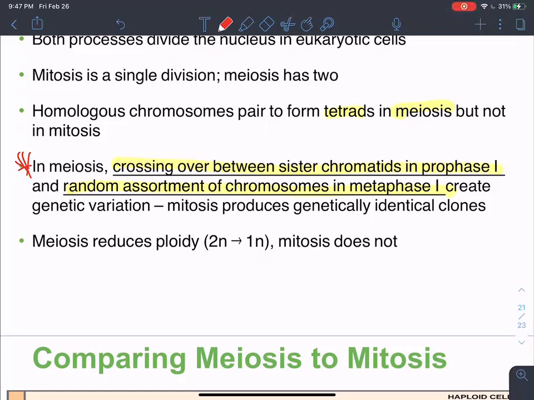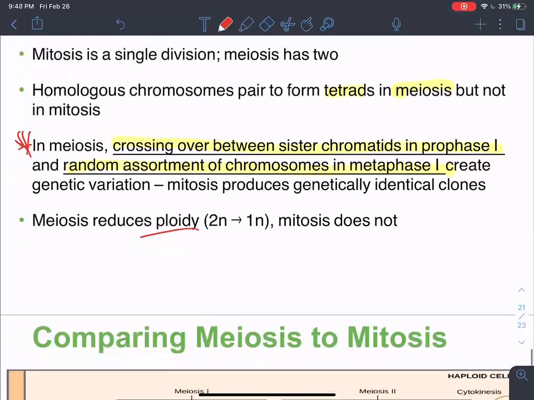Meiosis produces four individual genetically varied haploid cells. So meiosis reduces the ploidy number by half. Mitosis does not. You get the same exact stuff in mitosis, where meiosis is reducing the ploidy number from diploid down to haploid.